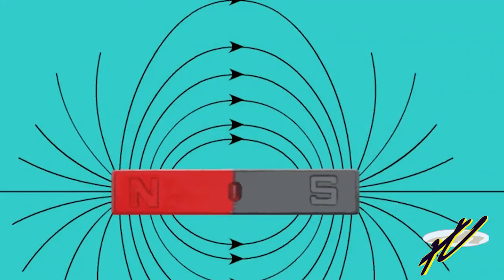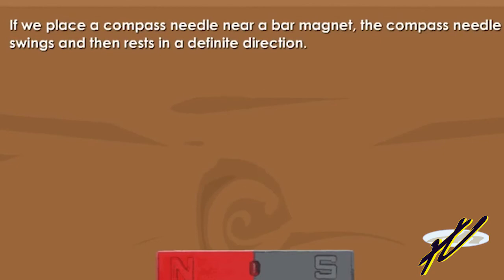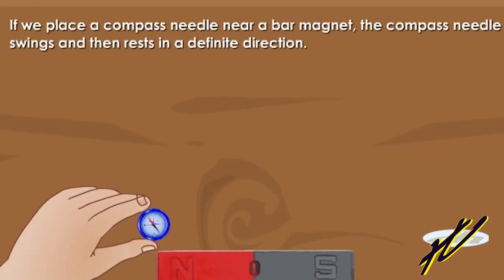It says, each magnet has its own magnetic field. Students, the effect of a magnet is felt in a certain region around a magnet. If you place a compass needle near a bar magnet, the compass needle swings and then rests in a definite direction.